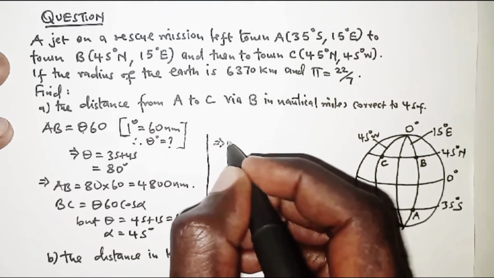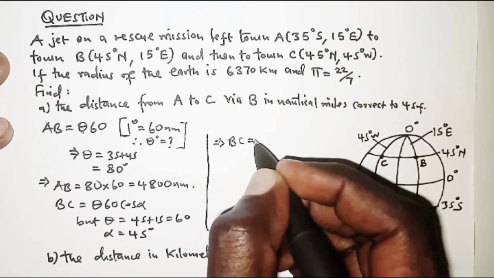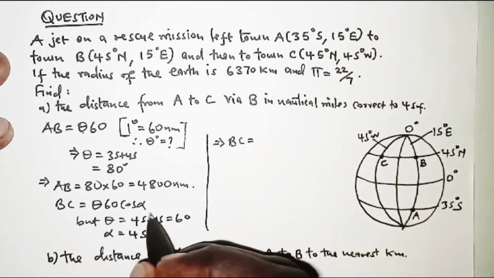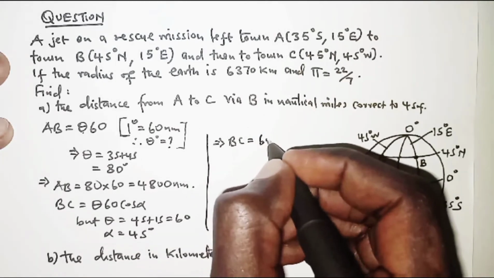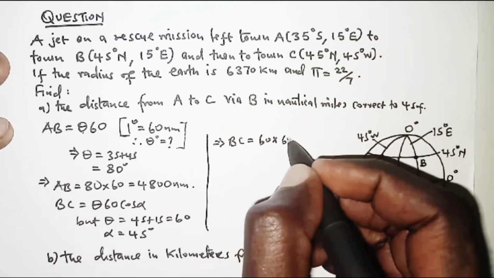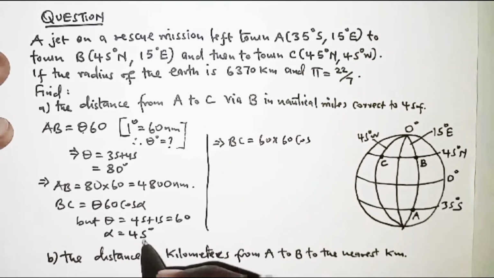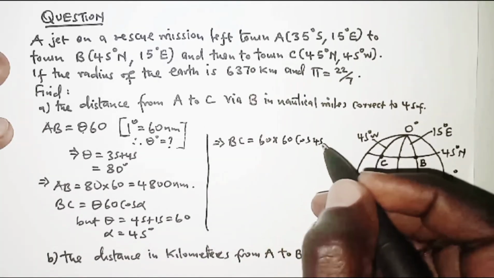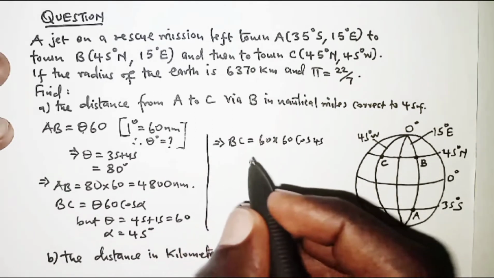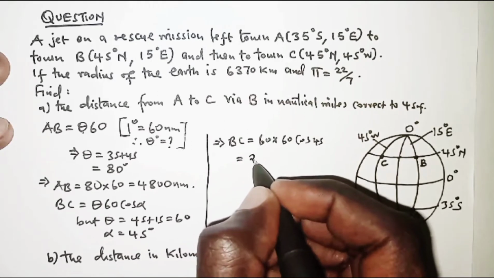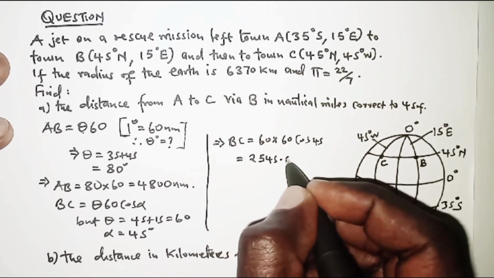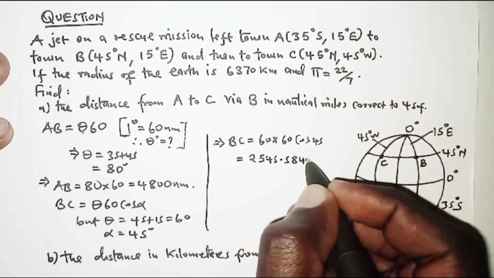That implies that BC will now be obtained by theta, which you've already obtained as 60, so 60 times 60 times cosine of alpha, and alpha is 45. So this should give us 2,545.5844.